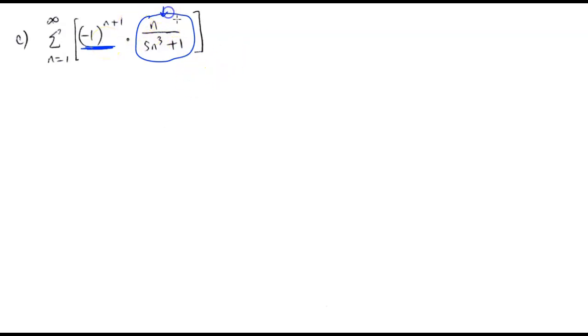If we were just looking at the limit of n divided by 5n cubed plus 1, that would go to 0 because the degree of the denominator is larger than the degree of the numerator. So the nth term test for divergence is inconclusive anyway.